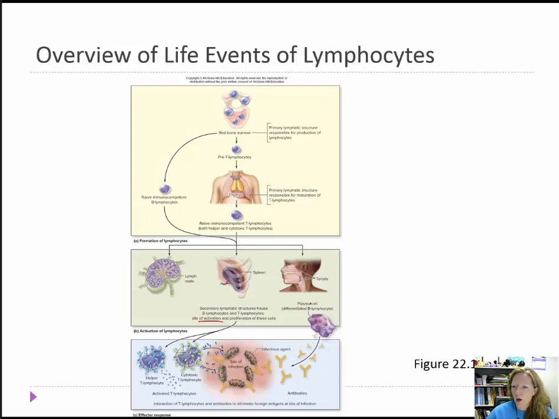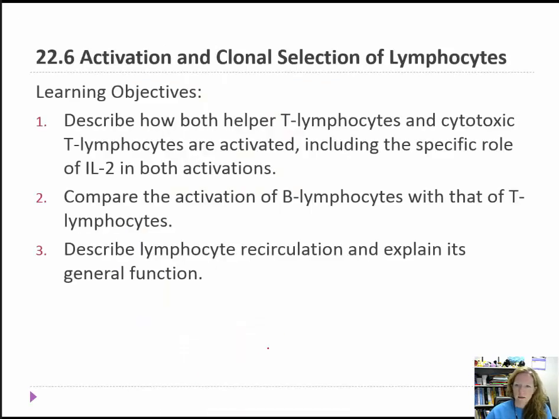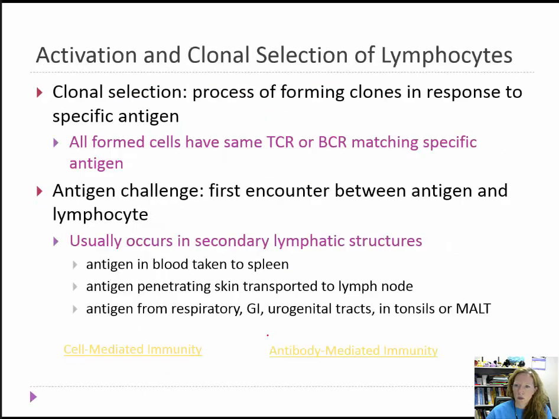And then how B cells are going to differentiate into these things called plasma cells, and then they are going to clone themselves as well after that. And so that's what clonal selection is. It's this process of forming clones once they are activated by coming into contact with that specific antigen.